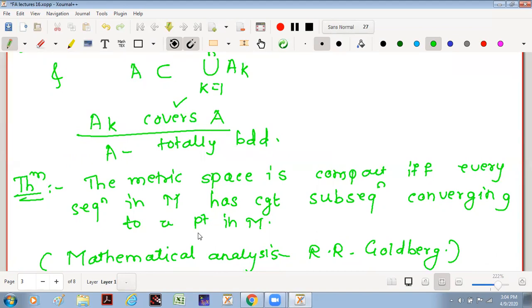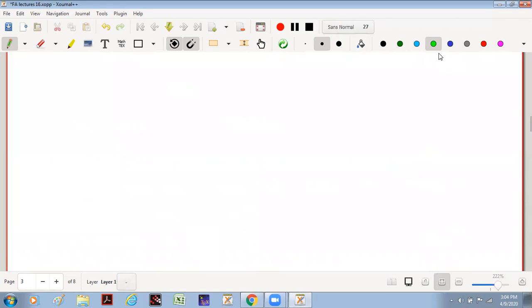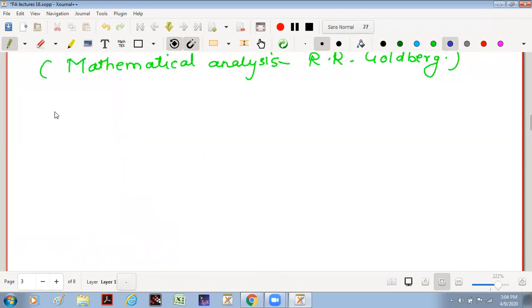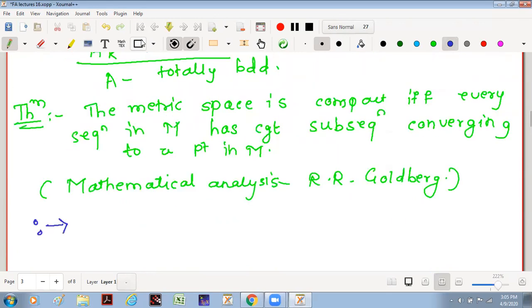Now we will start the proof of our main theorem.